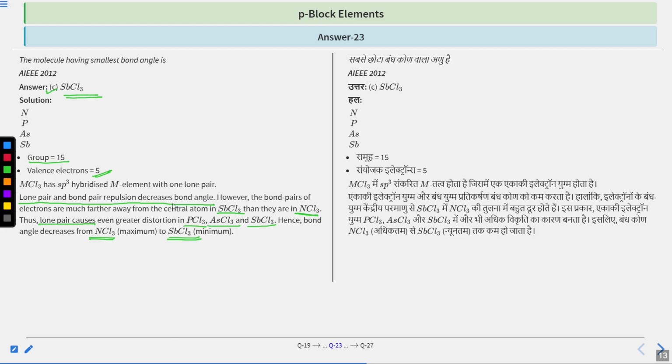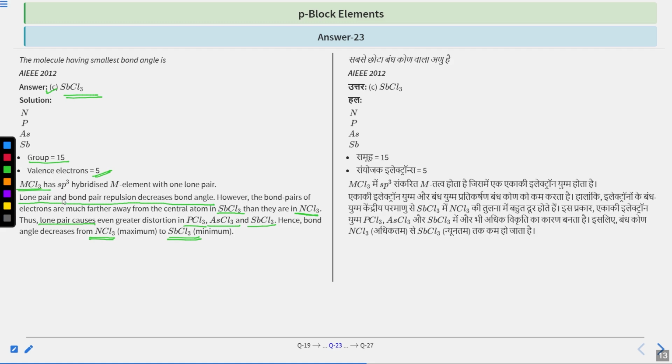Okay, this is the concept we use here, the bond pair and lone pair repulsion, how they get repulsed by each other, and how they are situated at a farthest location from the central atom in the different molecules having the same structural formula, like SbCl3, NCl3 having MCl3 as a common formula.